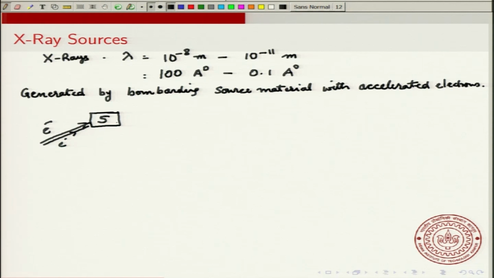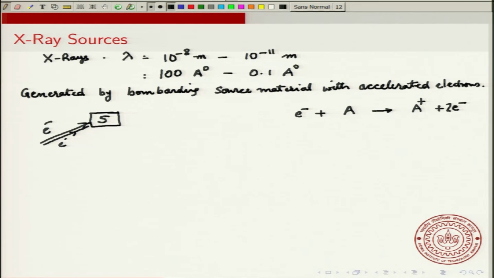These electrons will collide with the atoms of the source, and one of the things they do is collide with this atom to ionize the atom and emit a second electron.